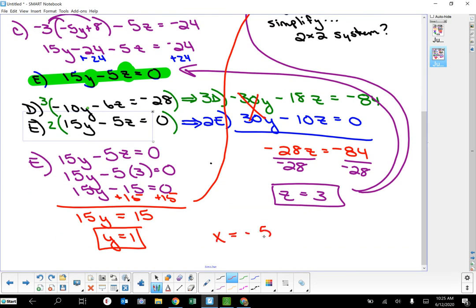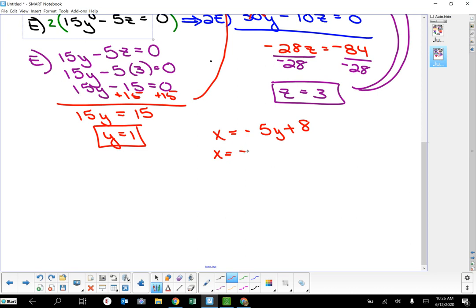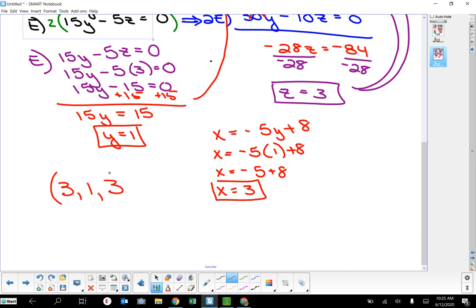All right, so now we can plug the y in over here. And x equals 3. And so our ordered triple, x, y, z, looks like that.